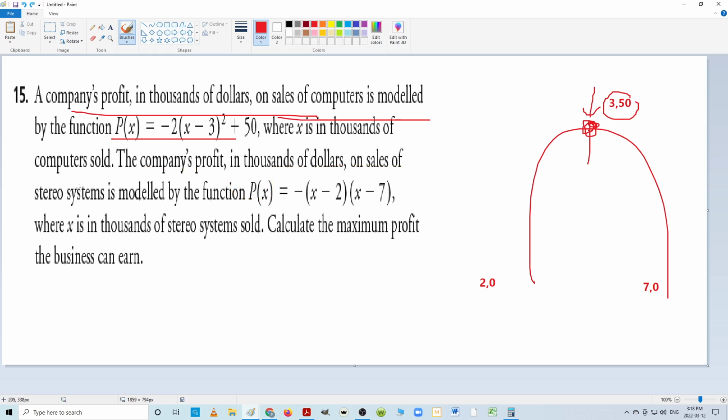I think they just rewrote it where, on sales of stereo systems, and the first one's computer. Calculate the maximum profit the business can earn. Okay, so I guess they want to see where they both can combine. Okay, well, let's expand this first one, or the second one.